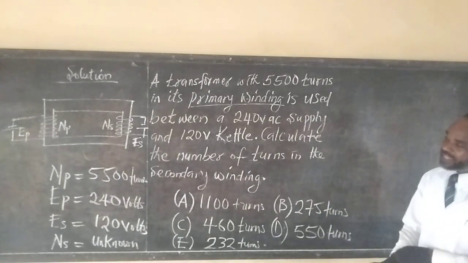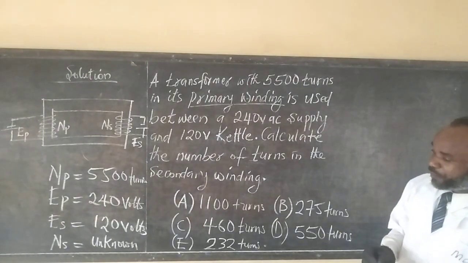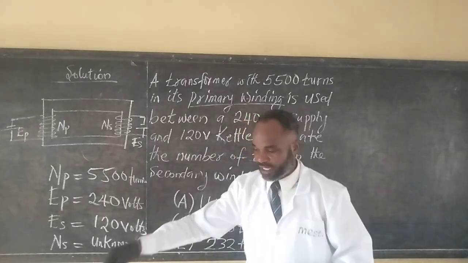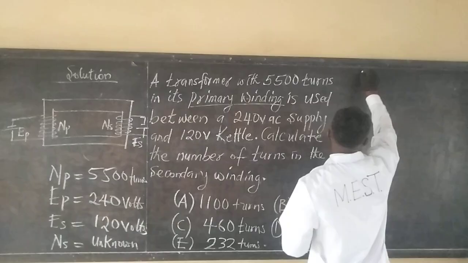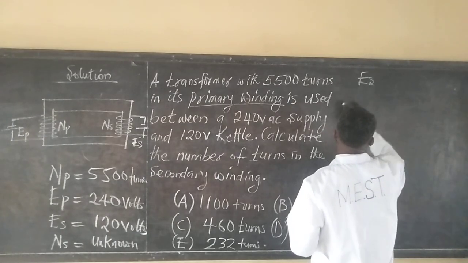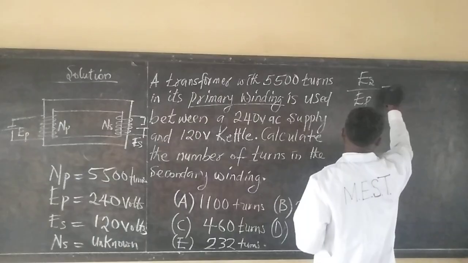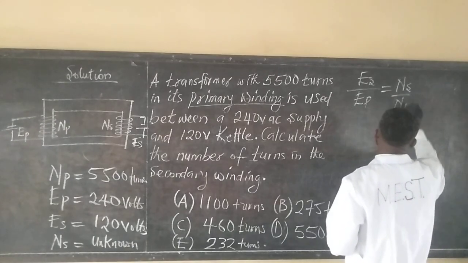If this has been properly analyzed, we must look for a connection, and that connection is very simple. We go with the transformer formula, EX over EP is equal to NX over NP.